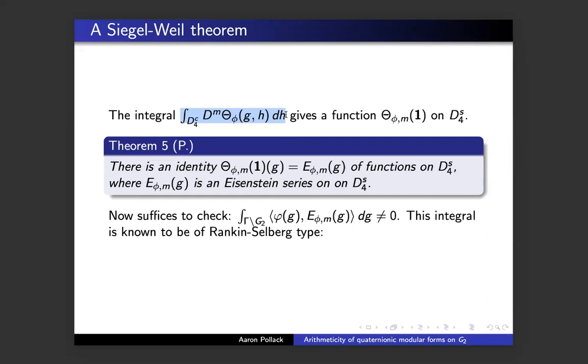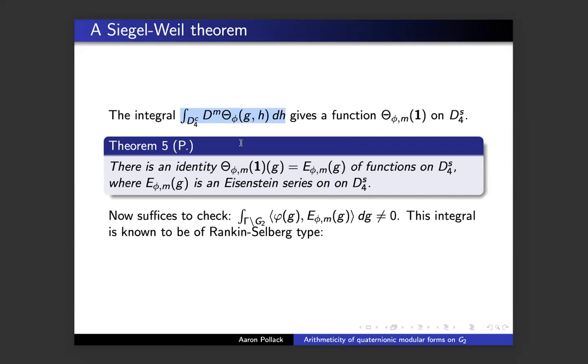So if you do this integral over compact D4, you get a function on split D4, which I've called theta of 1. And one can prove an identity between this theta of 1, this integral here, and an Eisenstein series on split D4. So this is a Siegel-Weil theorem. It says that the theta lift of the constant function is an Eisenstein series on some other group.